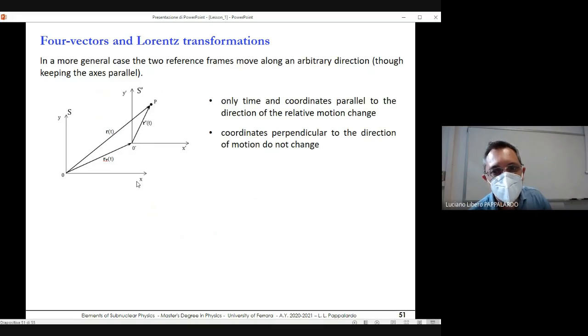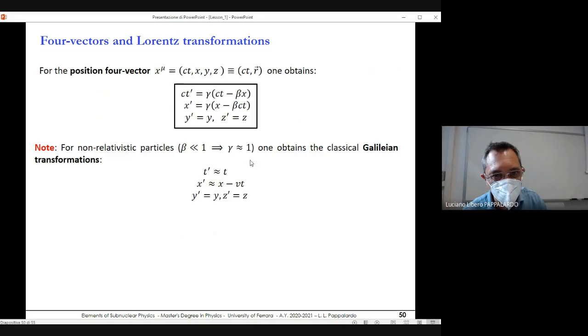Now, only time and the coordinates which are parallel to the direction of the relative motion will change in the Lorentz transformation, as we've seen already in the simple example before, whereas coordinates which are perpendicular to the direction of motion do not change. So this was already clear here because y and z remain unchanged in the transformation.